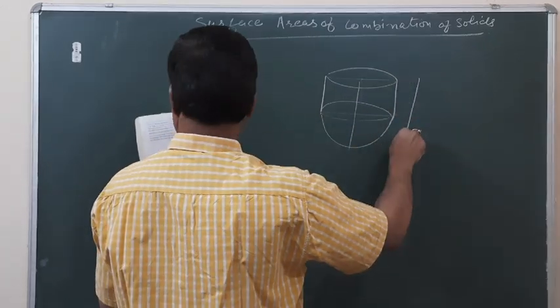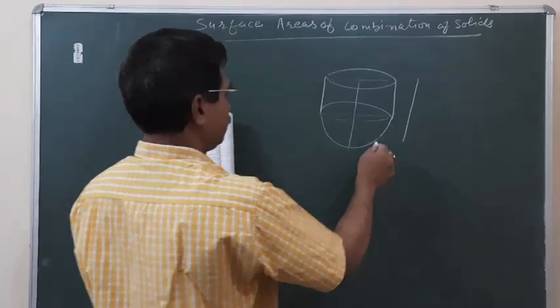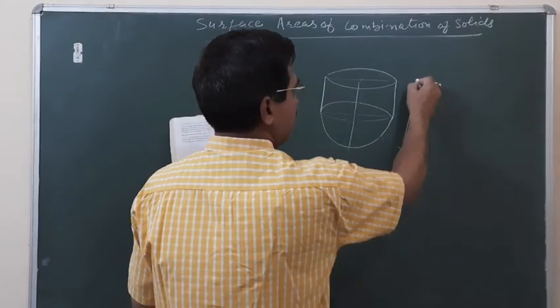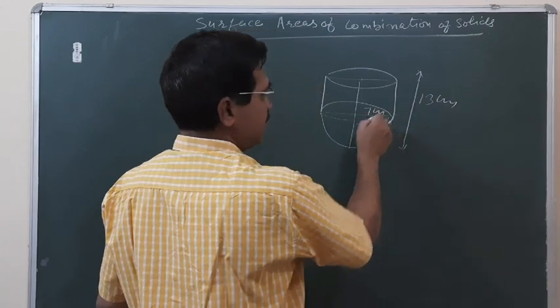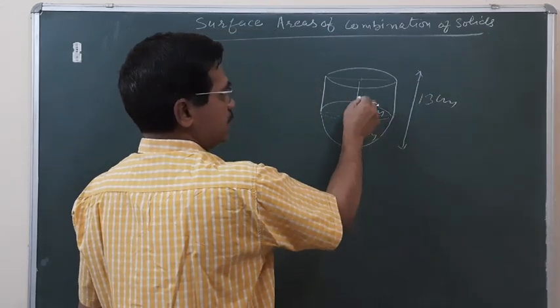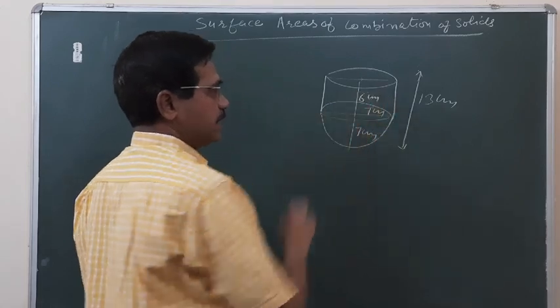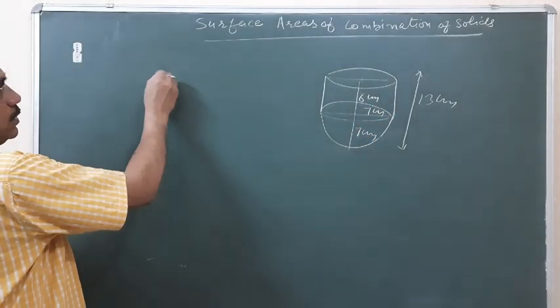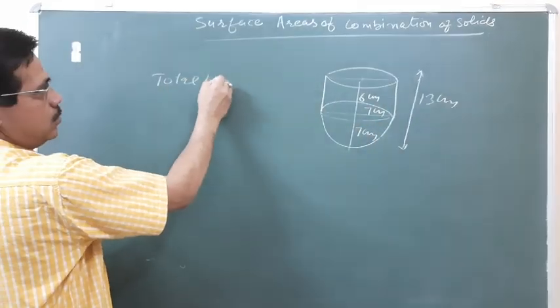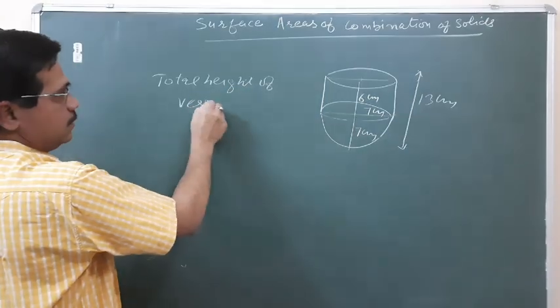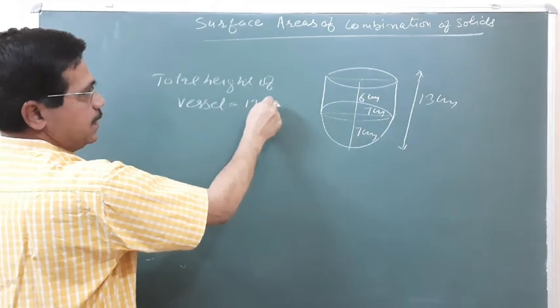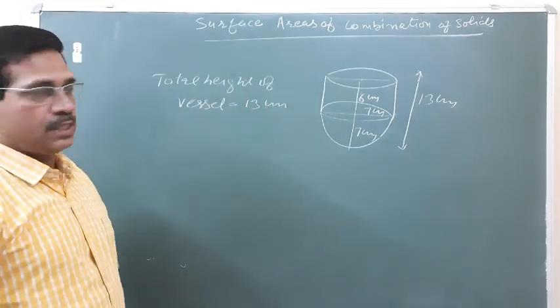The total height of the vessel is 13 centimeter. 7 centimeter is the radius, and the remaining part is 6 centimeter. So the total height of the vessel is equal to 13 centimeter.